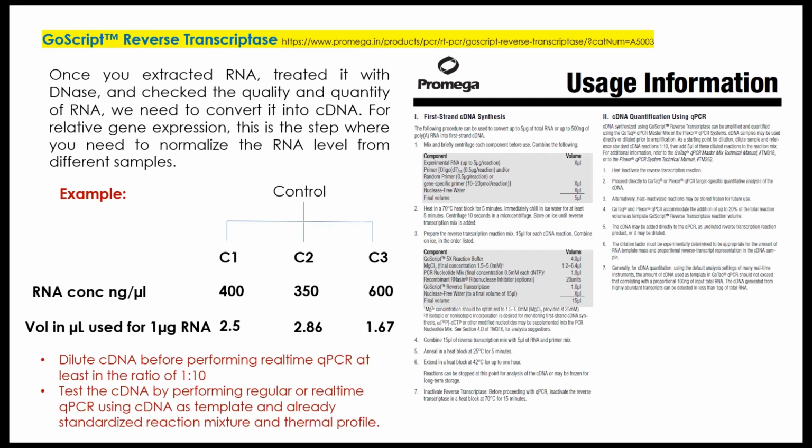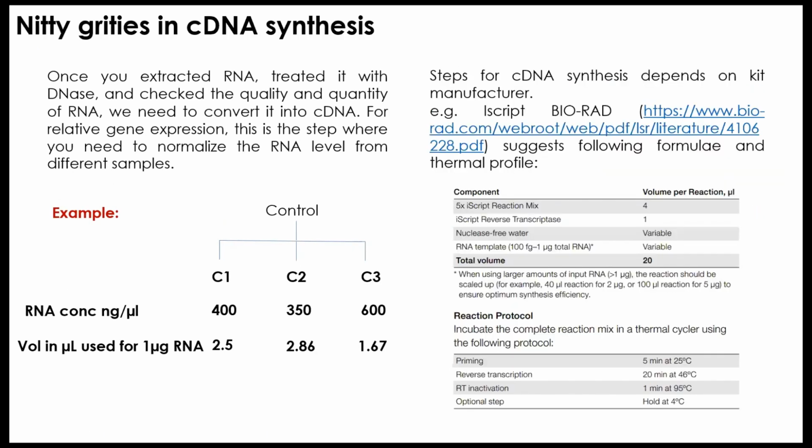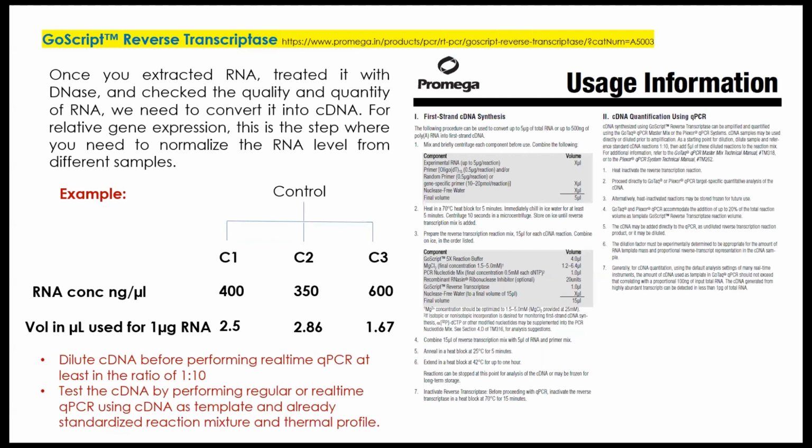The volume of the RNA again depends on, as I said in the previous slide, will vary for each of the samples. Here in the iScript, if you remember, you were using one single reaction, whereas in this, you do it in two different steps. In the first step, you prepare your component one, that is where your RNA is with some random primer, nuclease-free water. You heat it for 5 minutes at 70 degrees. And then from there, you take the second step, right?